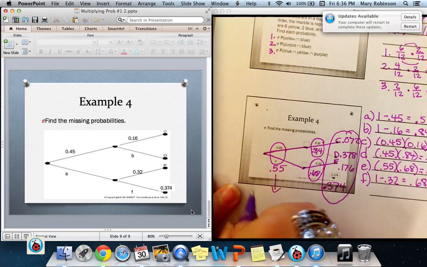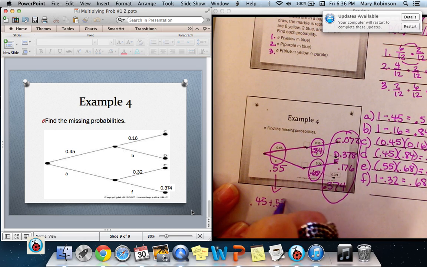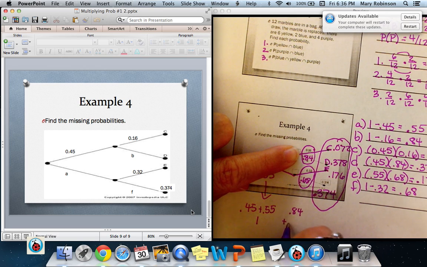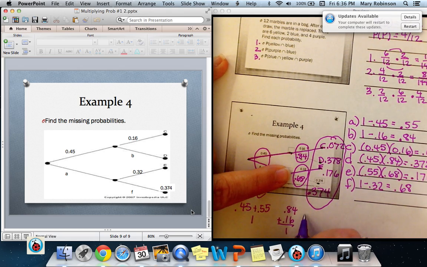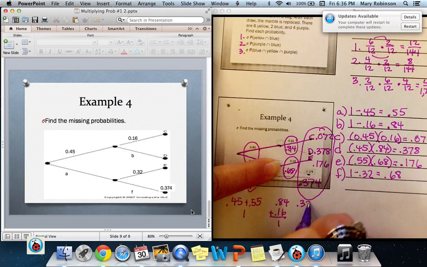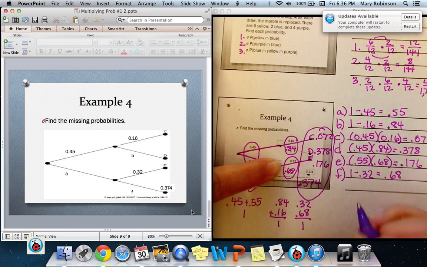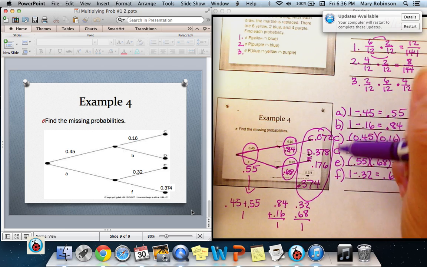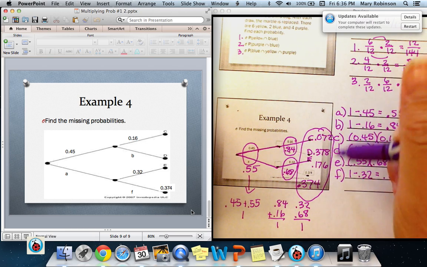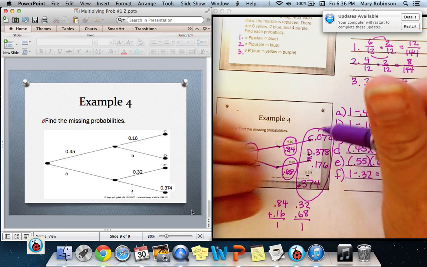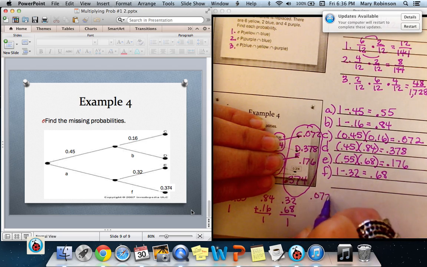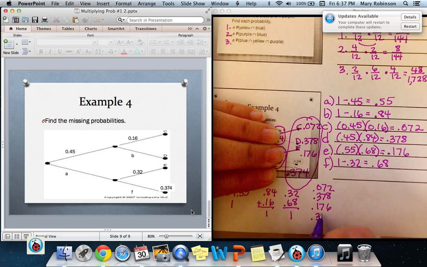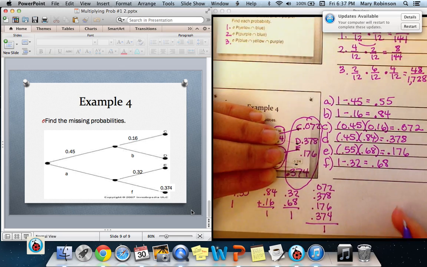So remember here, 0.45 plus 0.55 equaled 1, 0.84 and 0.16 was equal to 1, 0.32 and 0.68 was equal to 1, and at the end, remember, that's how I've asked you to identify how many you have in your sample space. Remember, count all of how many you have at the end. So all of this, we add up. So 0.072, 0.378, 0.176, and 0.374 all add up to 1.